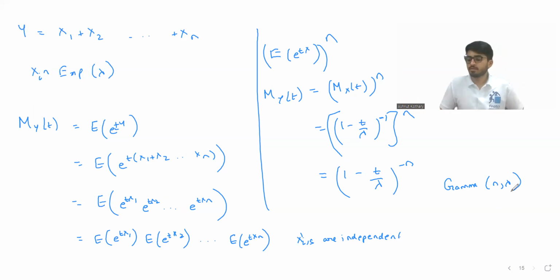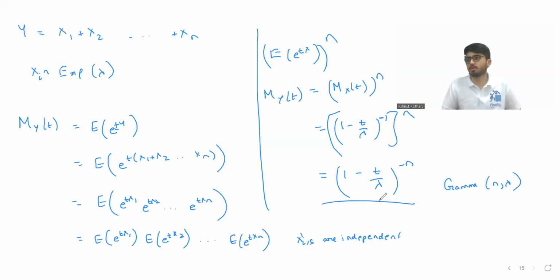So here, this is the entire derivation. If they ask you, show that the addition of IID exponential random variables gives us gamma, this is the way to go about it. We found out the MGF of y. We are getting this structure, and we know this corresponds to a gamma distribution having the parameters n and lambda.